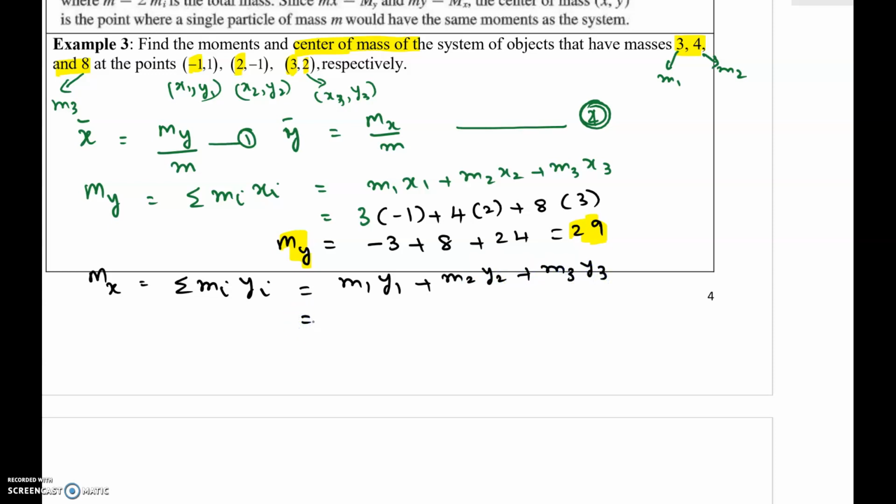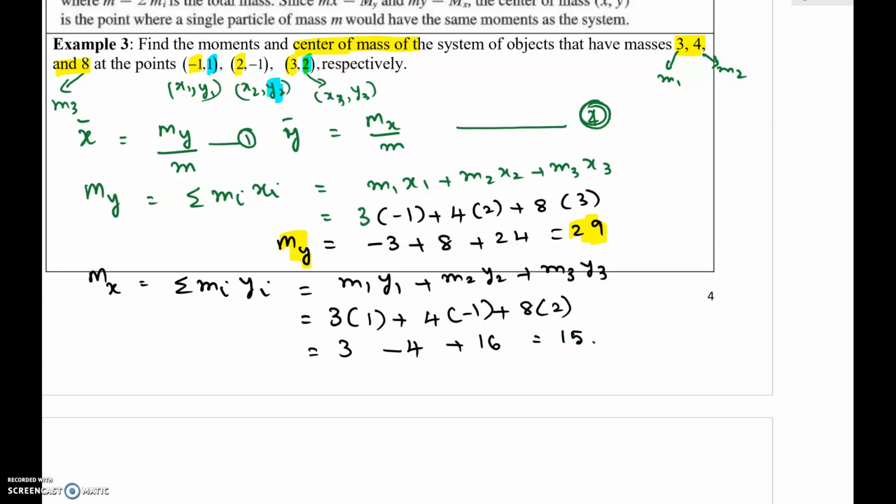Now we multiply each mass by its corresponding y coordinate. So 3, the first mass, multiplied by its y coordinate, positive 1, plus m2, which is 4, multiplied by its y coordinate, -1, plus the third mass, 8, multiplied by its y coordinate, 2. That is 3 minus 4 plus 16, which is 15.